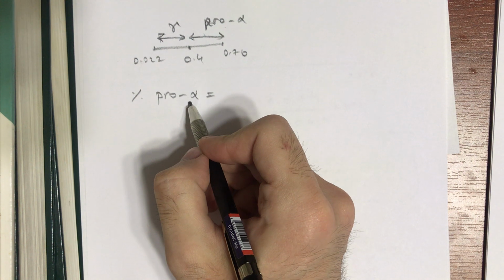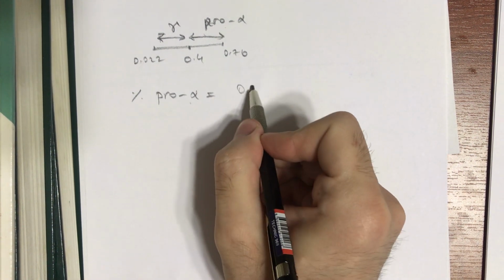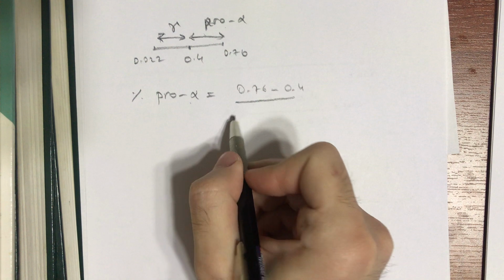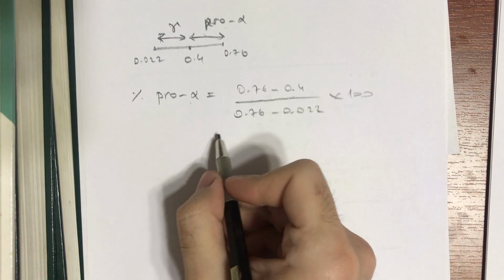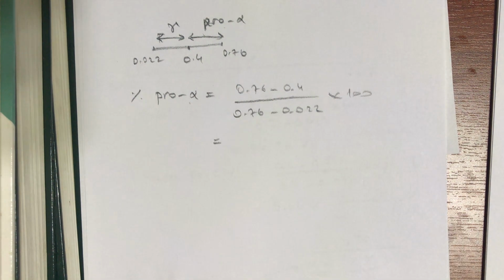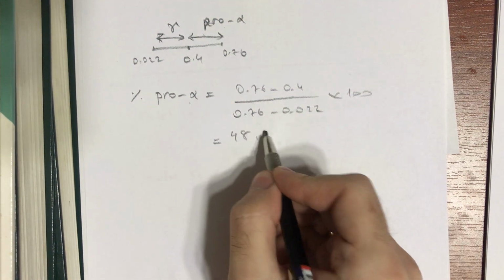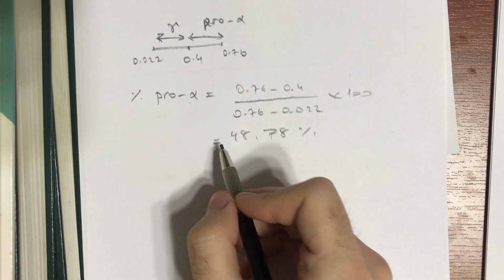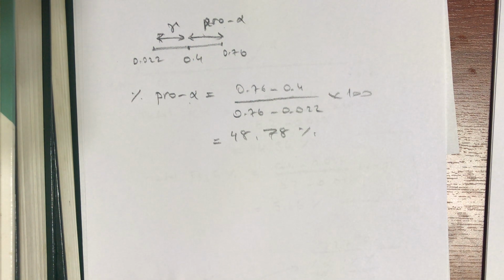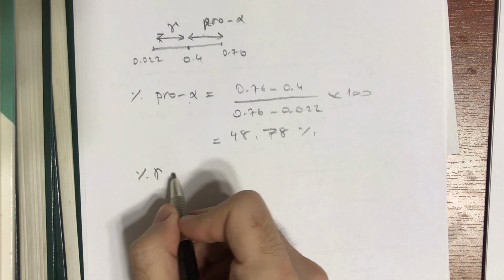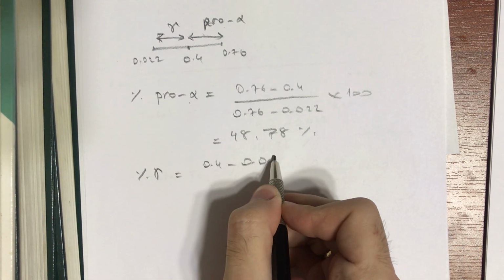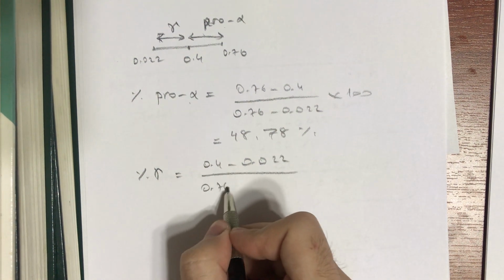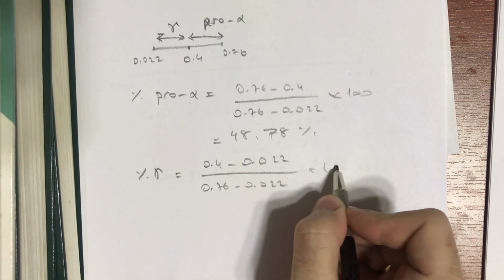Okay. So proeutectoid alpha is (0.76 minus 0.4) divided by (0.76 minus 0.022) times 100. That will give you 48.78%. And if you calculate the amount of gamma just above 727, that is (0.4 minus 0.022) divided by (0.76 minus 0.022) times 100.